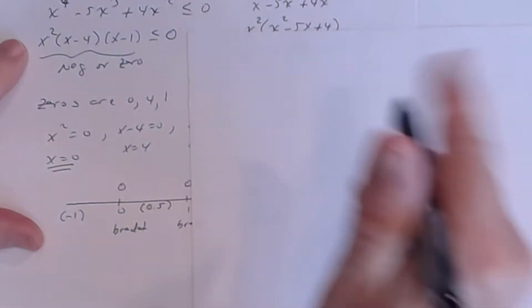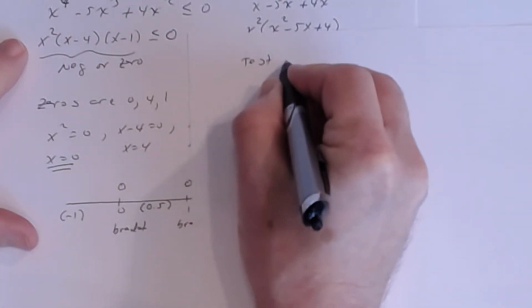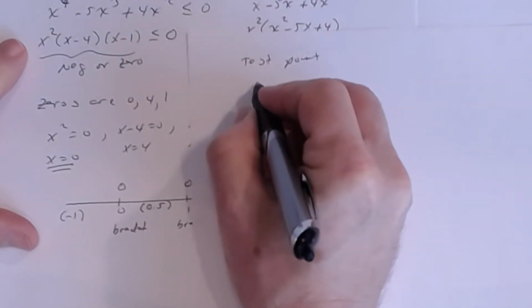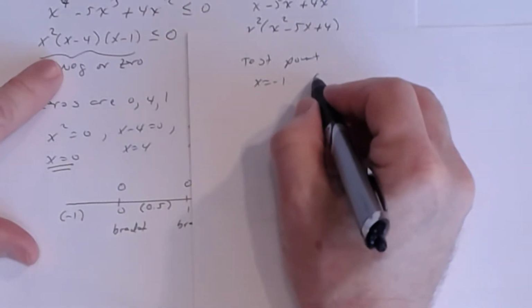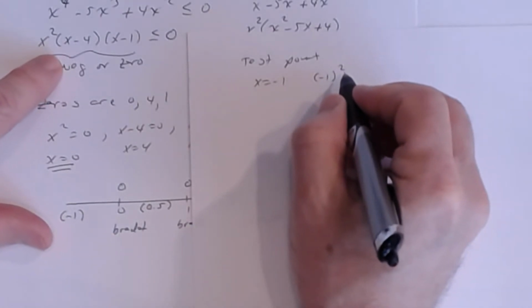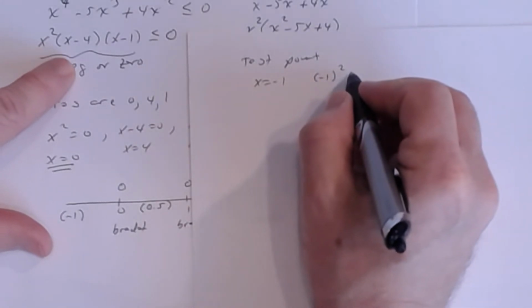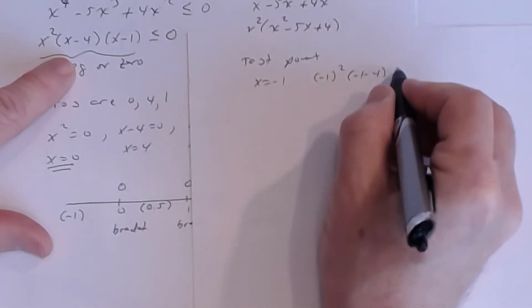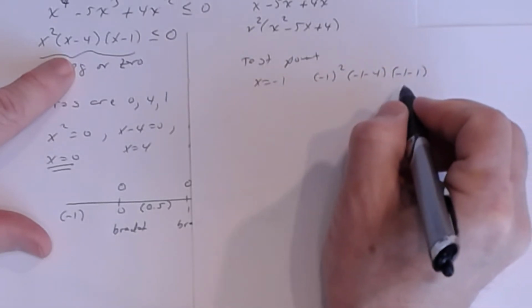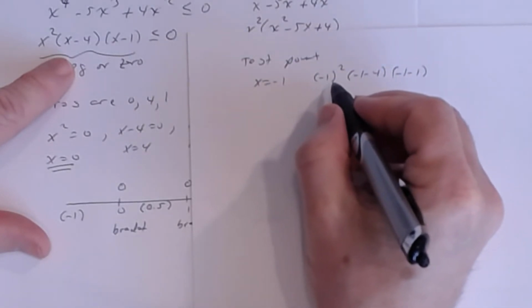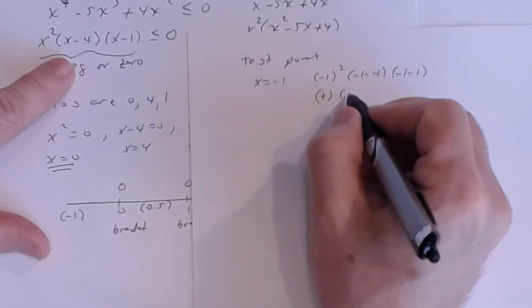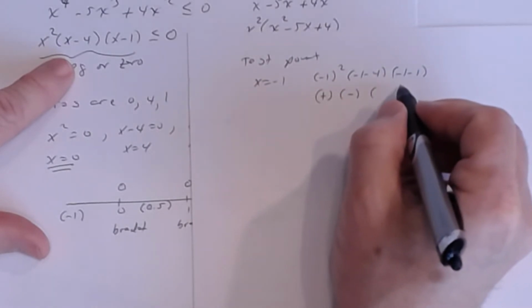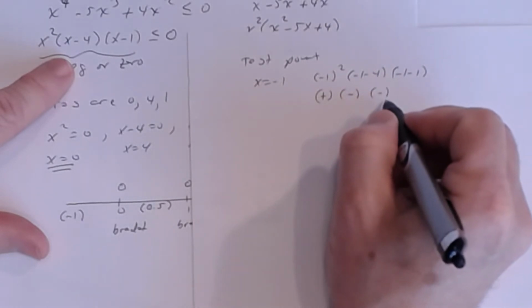So the first test point is x equal -1. When x is -1, be careful, this is -1 squared, that's what you see here, right? That's important. Times -1 minus 4 times -1 minus 1. Now -1 squared, -1 times itself is positive. -1 minus 4 is a negative number. -1 minus 1 is a negative number as well, it's -2.